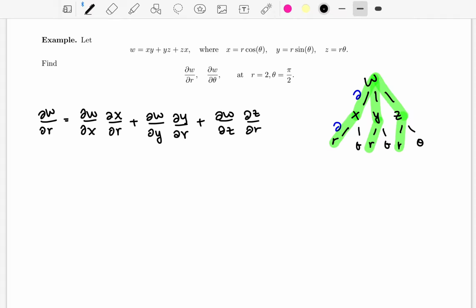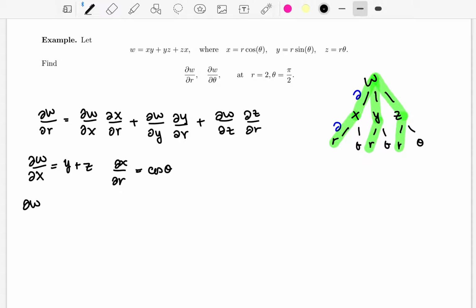Now dw/dx, the partial of w with respect to x, is equal to, go to here and treat y and z as constants. So I get y plus, and then here with respect to x I get y, this goes away, and I get plus z. And then dx/dr, I go to here and I treat theta as a constant, so I get cosine theta.